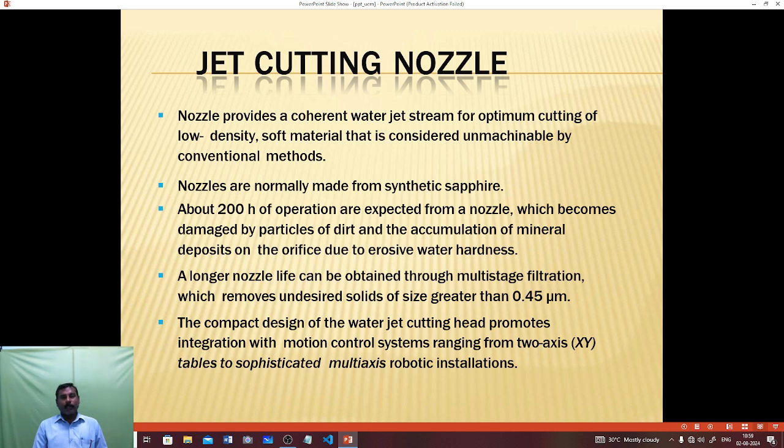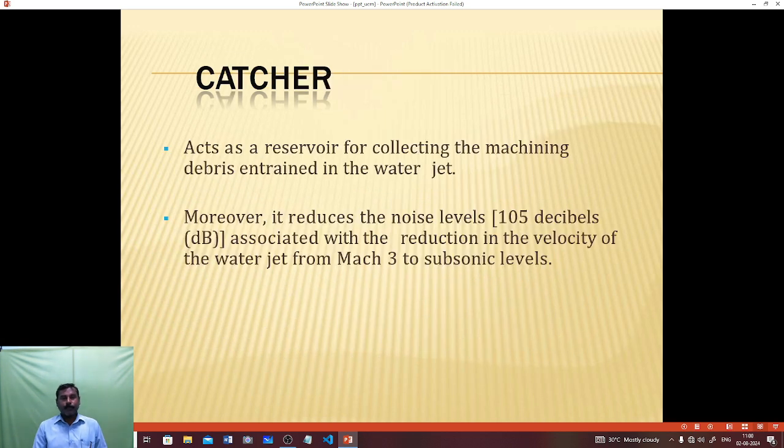About 200 hours of operation are expected from the nozzle, which becomes damaged by particles or the accumulation of mineral deposits on the orifice due to water hardness. The compact design of the water jet cutting head promotes integration with the motion control system, ranging from two axes, either an X-Y table can be used.